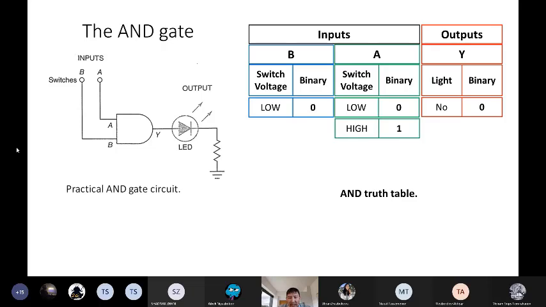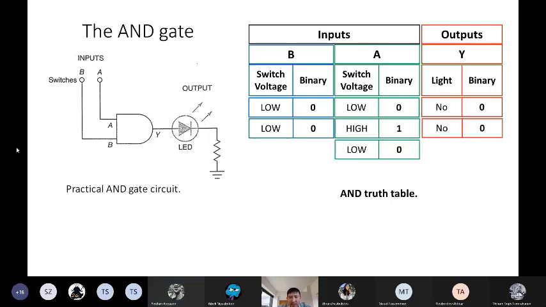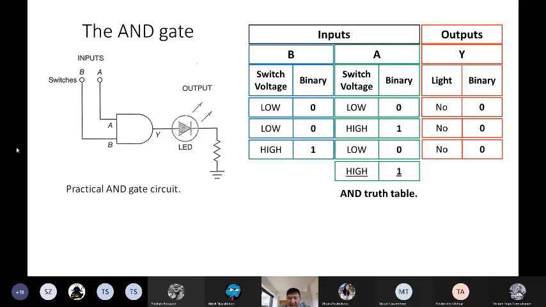When A is 1 and B is 0, what do you think? Will it light or not? No, it will not. Next, when A is 0 and B is 1, it's similar to the previous, so it will not light. And the last possibility is when both inputs are high, 1 and 1. In this case, the output will be 1 and the LED will light.